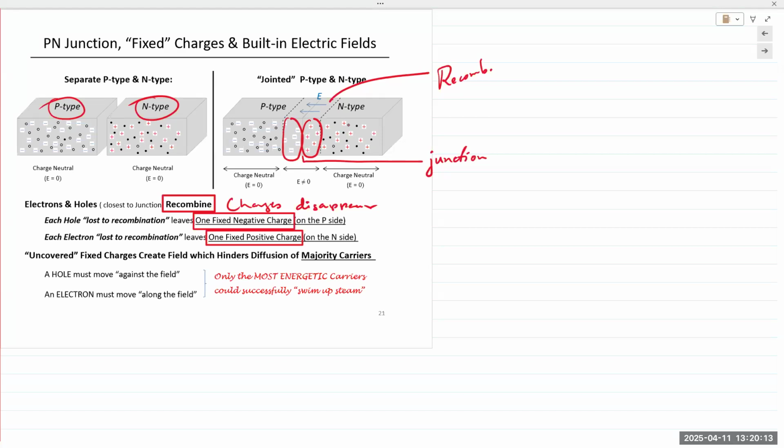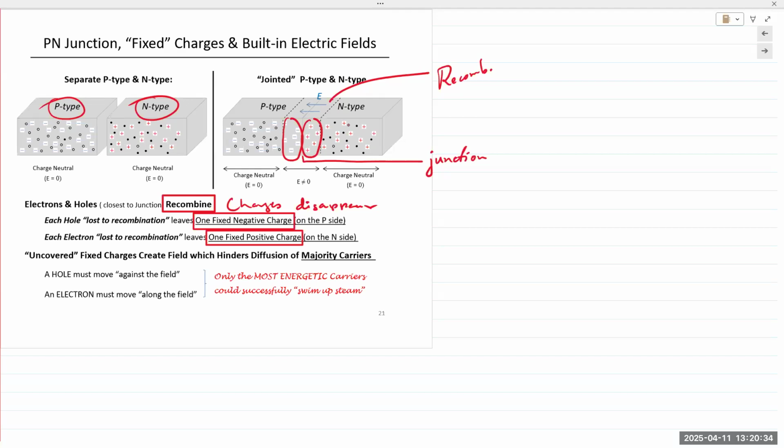When you have positive charges on one side and the other dissimilar charge on the other side, it causes an electric field. And because there's an electric field, it opposes the flow of further majority carriers.